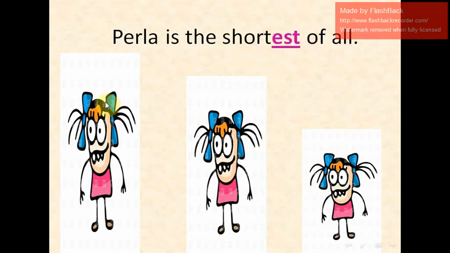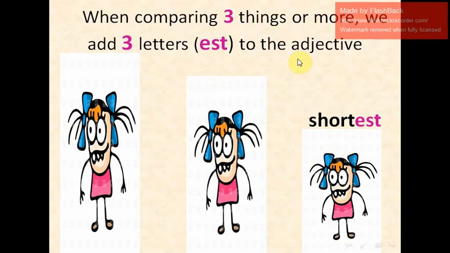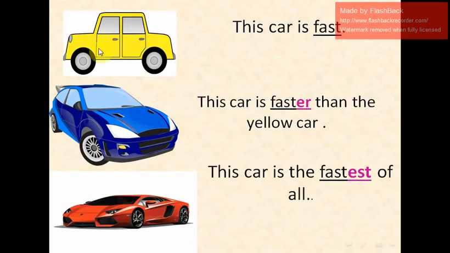You can say this one is the tallest, but you have to add this ending est. So it's easy. When I'm comparing three things or more, we add three letters, est, to the adjective. It becomes shortest. Very good. Now let's take another example.